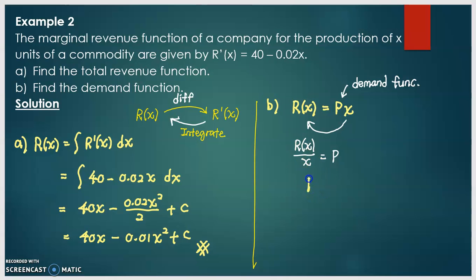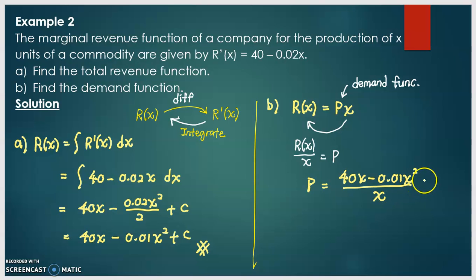So P, the demand function, will be equal to R(x), where we have our R(x), 40x minus 0.01x squared, over x. Kali ini C ni saya tak ambil. I don't take the value of C. So C ni kita tak perlu ambil. So we just take the variables, which is 40x minus 0.01x squared divided by x.